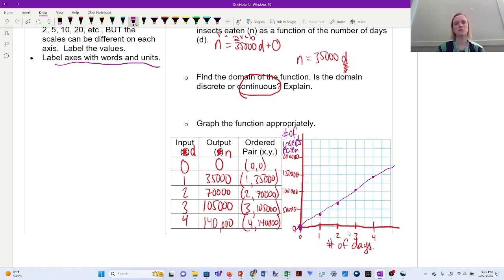On the x-axis, I decided each 2 marks was going to represent 1 day, and then I was consistent about that spacing. I labeled those values on my x and y axes, and then I also labeled my axes with words. So this is how you can draw a graph from scratch if you have an equation to plot on the graph. I hope this helps.